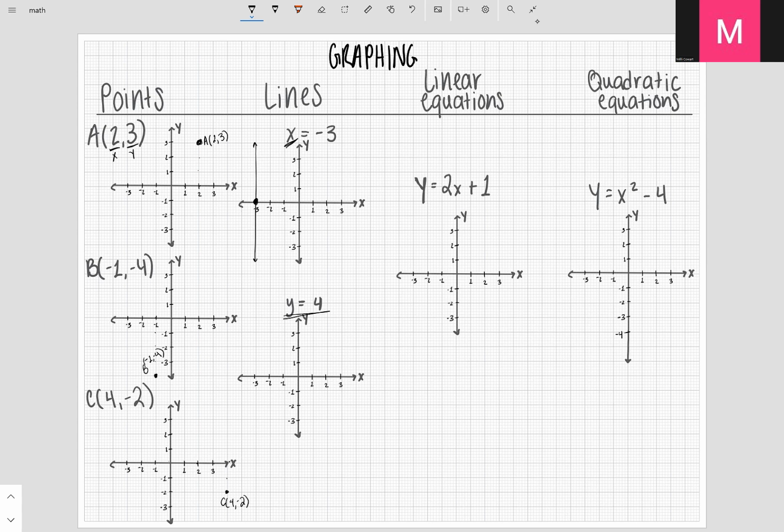So we'll be on the y-axis, so we'll be here, so that's 4. And it will be a horizontal line.